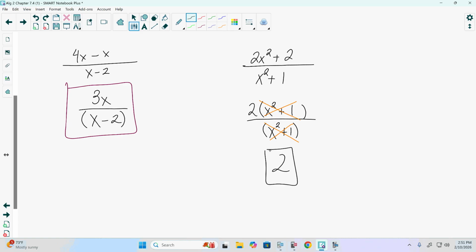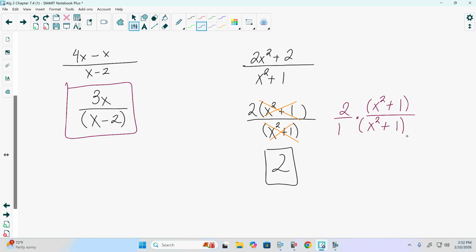Now, if that 2 on top and the x squared plus 1, if we'd had, say, 2 plus, we couldn't do it because the 2 and that whole expression are stuck together with that addition. Then we would drop the parentheses and add it and get x squared plus 3. But because they're being multiplied, really I can think of it as 2 over 1 times x squared plus 1 over x squared plus 1.